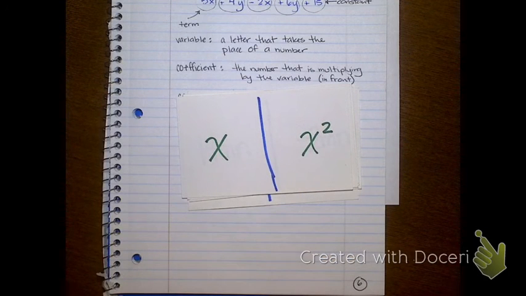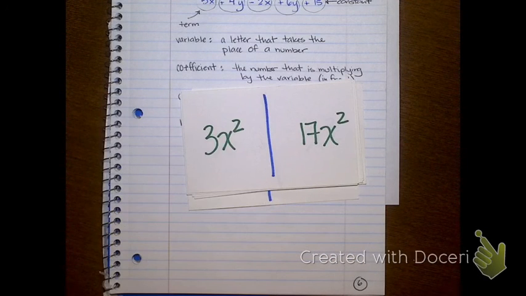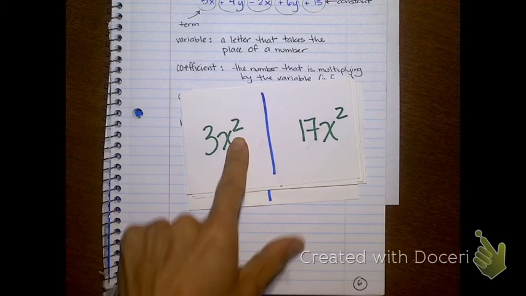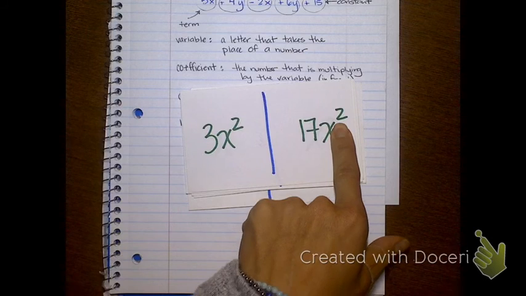Okay. What about these two? Why are they alike? Yeah, they both have the same variable, same exponent. Okay?